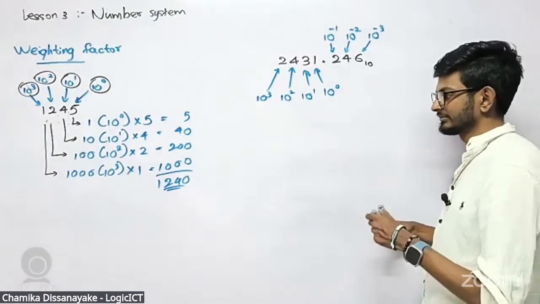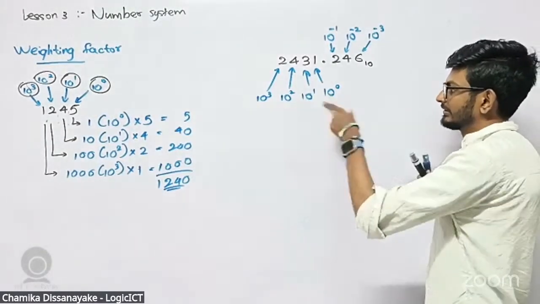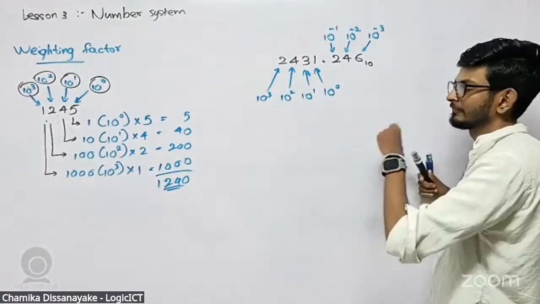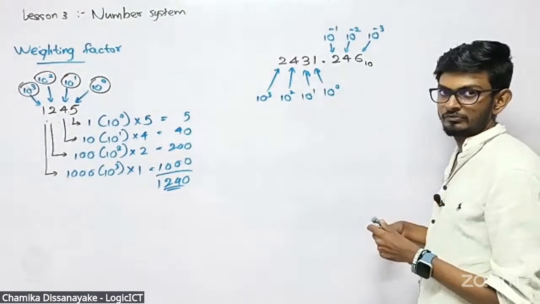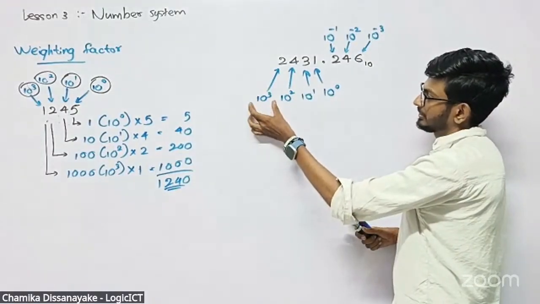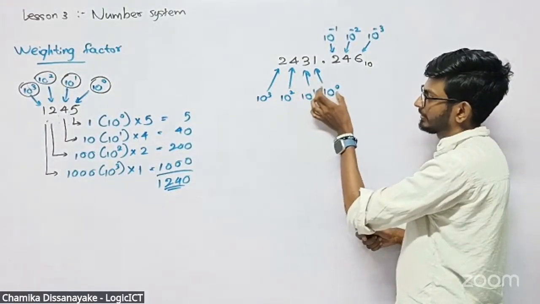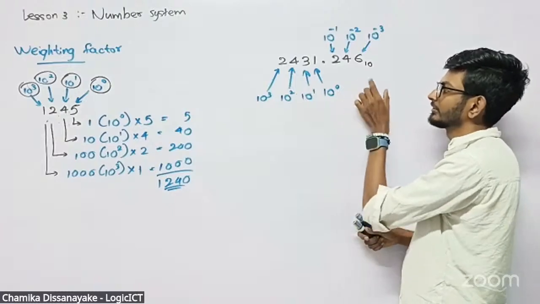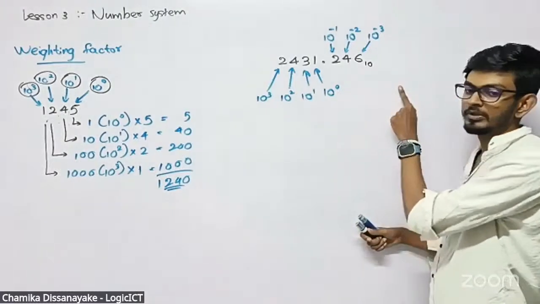Below, just write these things in one row. As the answer, just write 10 to the power 3, 10 to the power 2, 10 to the power 1, 10 to the power 0, then comma, 10 to the power minus 1, 10 to the power minus 2, likewise.